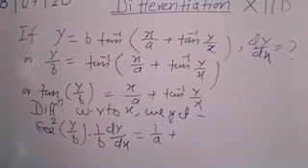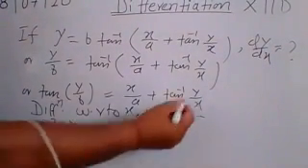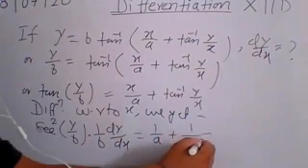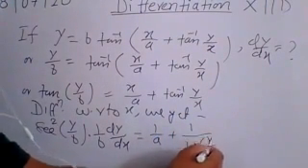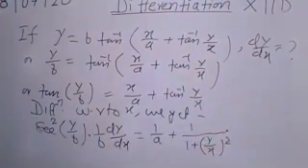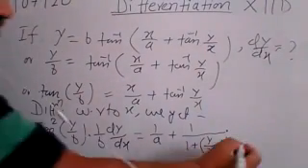So first you apply the formula for tan inverse x. You have 1 upon 1 plus y square, that means y by x whole square, and for y by x, here you have to apply the quotient rule.